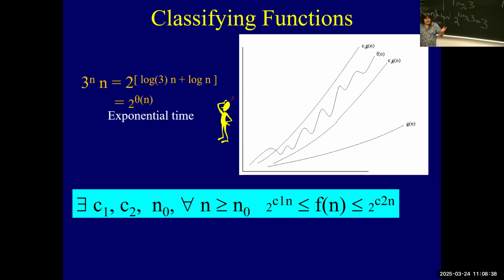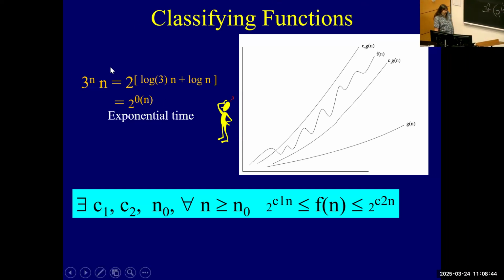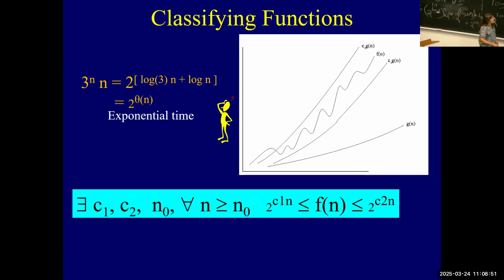Are people following this? The point is, all of this here, and here's another way of doing it. Would you say that all of that is bounded by 2 to the 10n for big n? Look at what we got there. We've got 3^n times n.